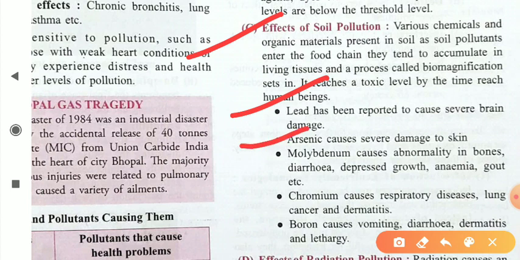Similarly, molybdenum causes abnormality in bones, diarrhea, depressed growth, anemia, gout, etc. Chromium causes respiratory diseases, lung cancer, and dermatitis.